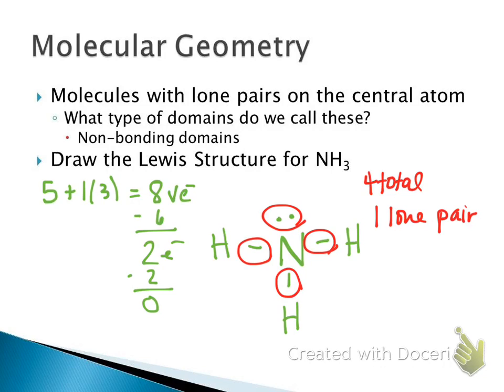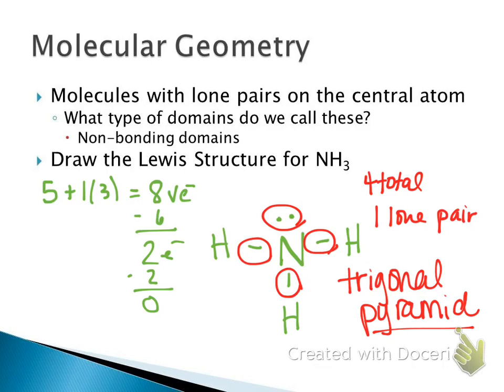Slide to the right until you reach 1 lone pair, which is called trigonal pyramid. Okay, trigonal pyramid, and we've got a pyramid shape on the bottom between those 3 atoms. The lone pair is pushing those atoms downward to make that pyramid. Again, next time you're going to be able to see these molecules moving in space, and you're going to get a better idea of each of those shapes. Okay?